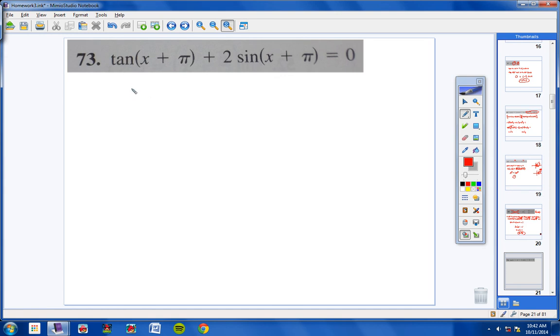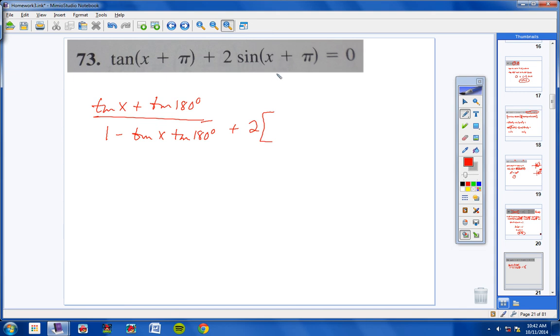We can do this. All right, we have tangent of two angles being added, and so what we're going to have would be tangent plus tangent. So we have tangent x plus tangent of, I'm going to put 180 for pi, over 1 minus tangent of x tangent of 180, okay, plus 2 times, then we have sine of two angles being added, okay?